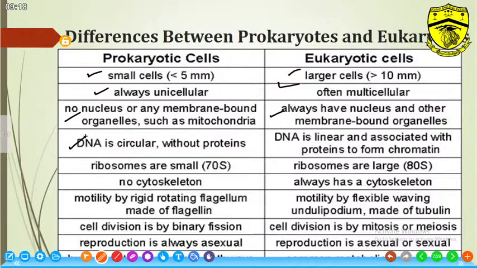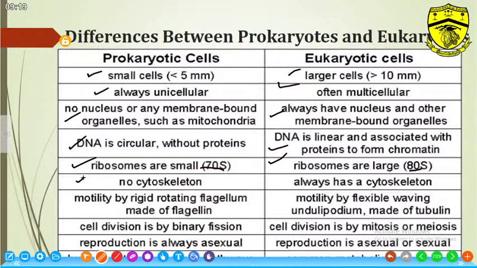In eukaryotic cells, DNA is linear and associated with proteins to form chromatin. In prokaryotic cells, the ribosomes are small, called 70S. In eukaryotic cells, the ribosomes are large, called 80S.